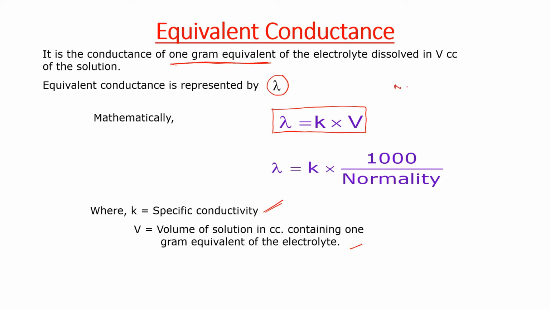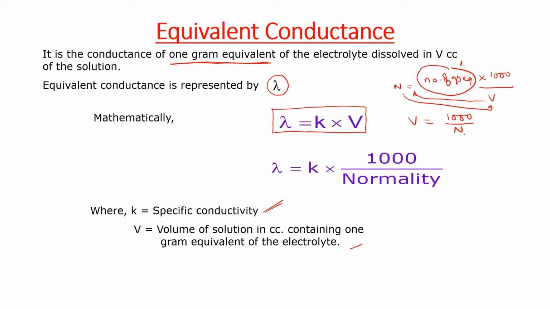Normality is equal to number of gram equivalents into 1000 by volume of the solution. Number of equivalents is equal to 1 gram equivalent. Now volume is equal to 1000 by normality. See, if it is 1, this will come here and normality will come here. What we get?